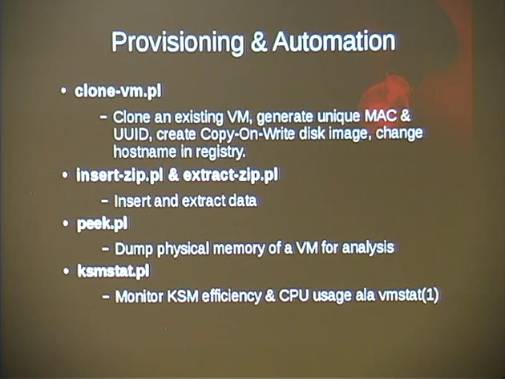And ksmstat.pl is what shows how efficient the kernel same-page merging in QEMU and libvirt is working. It's sort of similar to netstat or iostat or vmstat that you can see on your Linux boxes. It gives you basically the speed that KSM is running, how much RAM it actually has deduplicated, and how much wasted CPU time it's gone through memory trying to deduplicate the same page again and again and again.